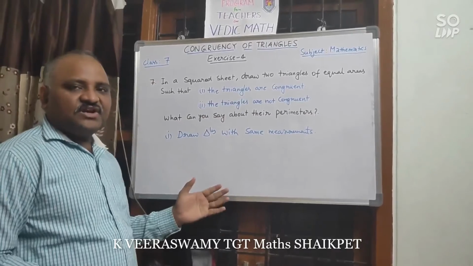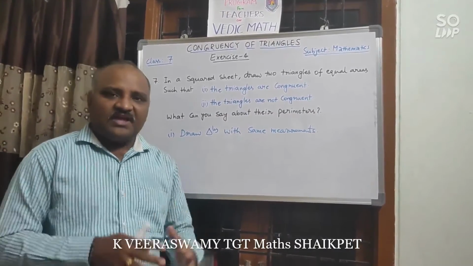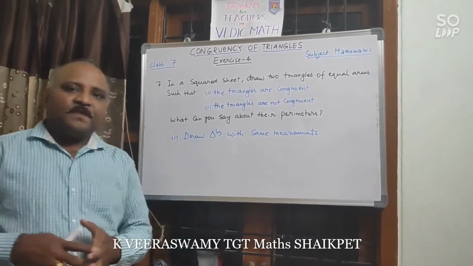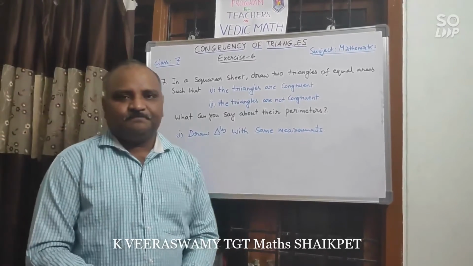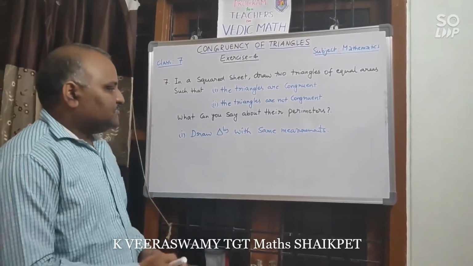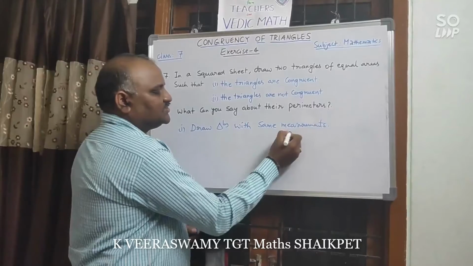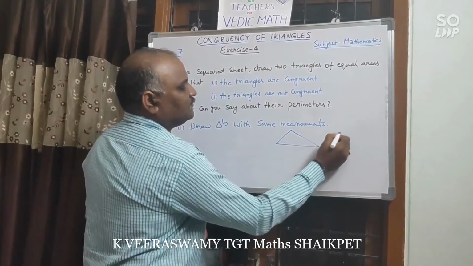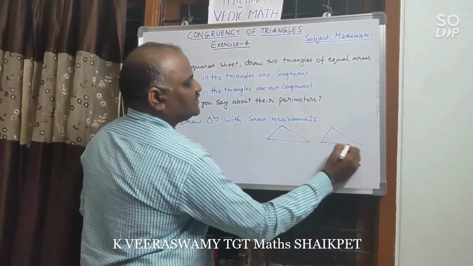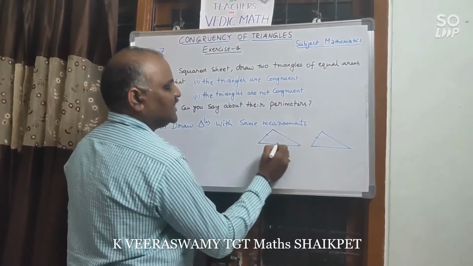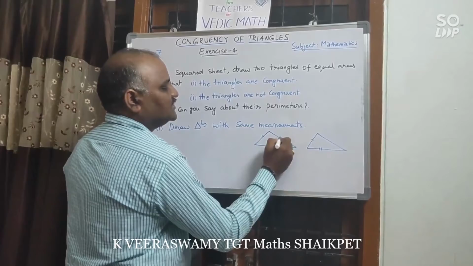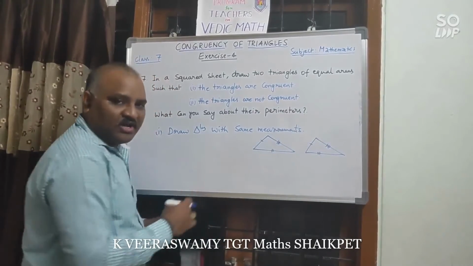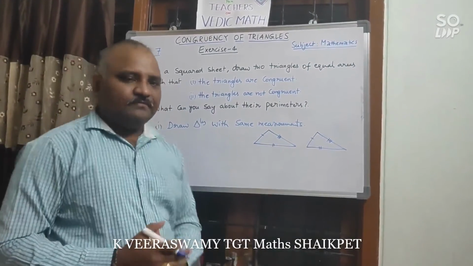In second case, we can take triangles with same area but with different measurements. Okay. See, for example, here congruent triangles, generally we can take one pair of congruent triangles with the same measurements. That means first side, second side, third side, correspondingly they are equal.